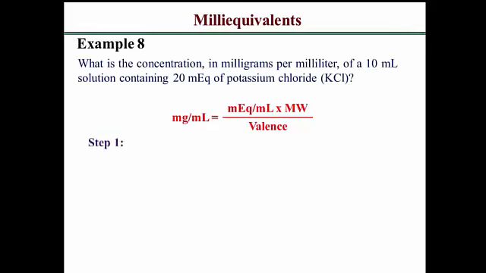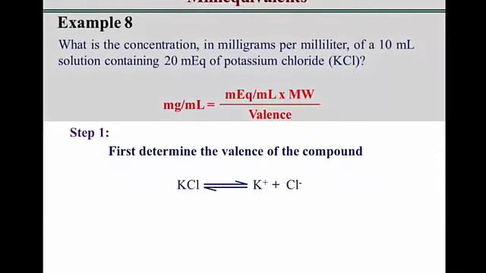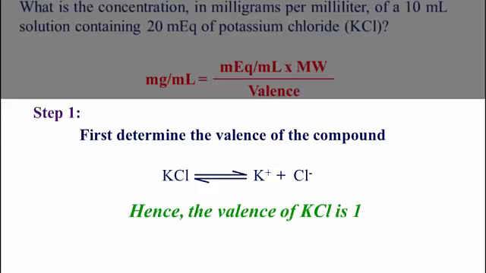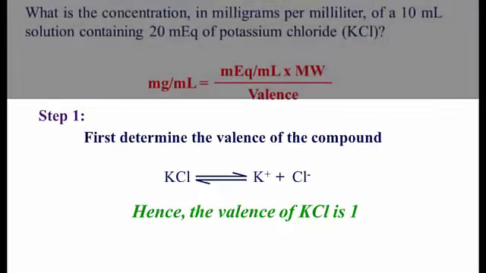Step 1, we determine the valence of the compound. KCl in solution dissociates to a potassium ion and a chloride anion. The charge there is positive 1 on potassium and negative 1 on chloride. But like I said, we want the absolute charge of your cation or anion, and so that gives you a valence of 1 for KCl. Nicely done.